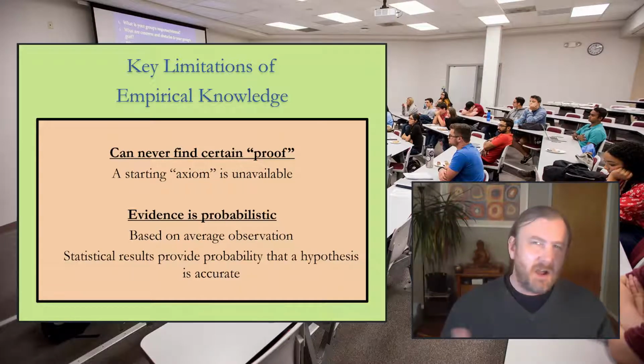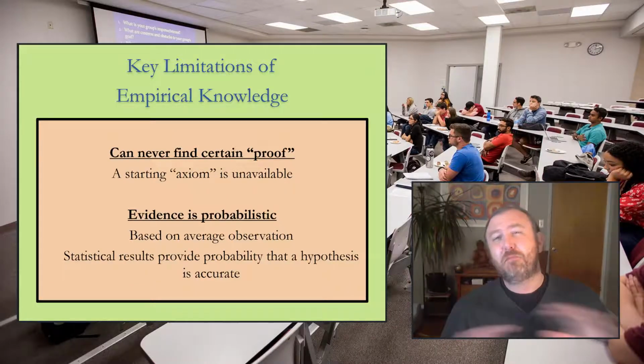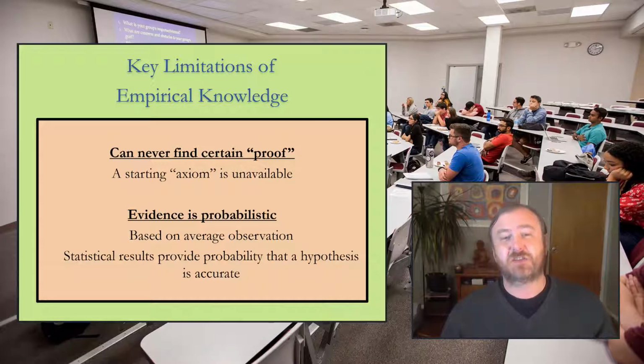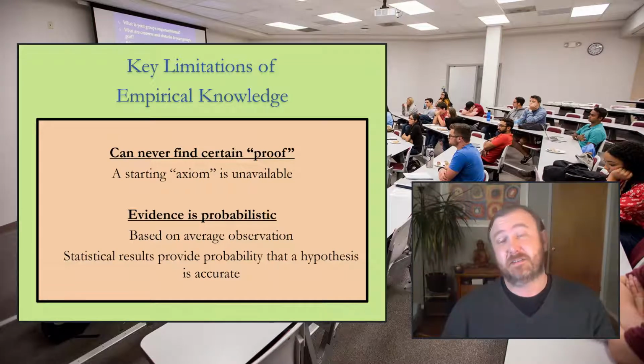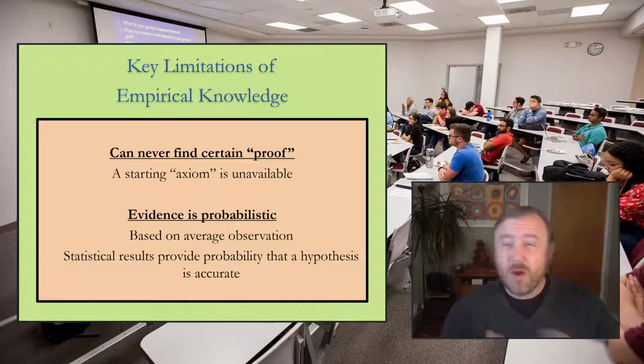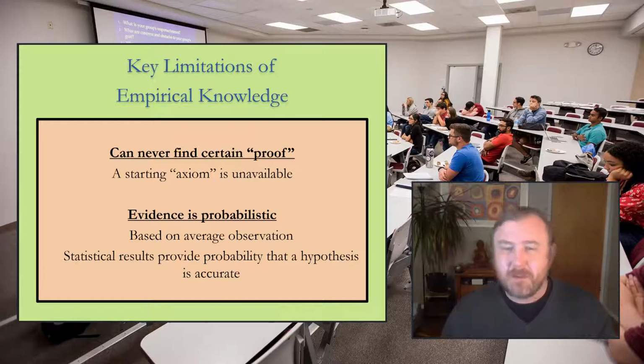But in psychology, there are no axioms about behavior. We have no place to start the rational inductive process, right? What we do is we need to find probabilistic evidence, right? There's no one study that is ever conclusive. And when we predict behavior, we're predicting the probability that a behavior is going to occur.